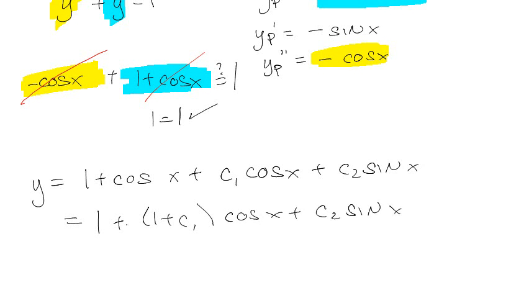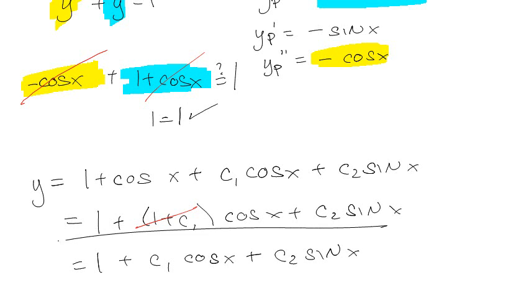So 1 plus a constant is still just an arbitrary constant. So I could just say 1 plus some other c1 cosine x plus c2 sine x. So I end up with the exact same thing. A particular solution doesn't have to be the same one someone else comes up with, but ultimately you're going to end up with the exact same thing even before you solve for your initial conditions. So that's pretty cool.